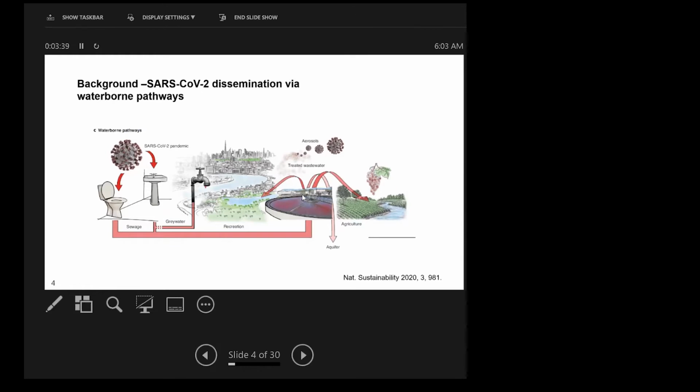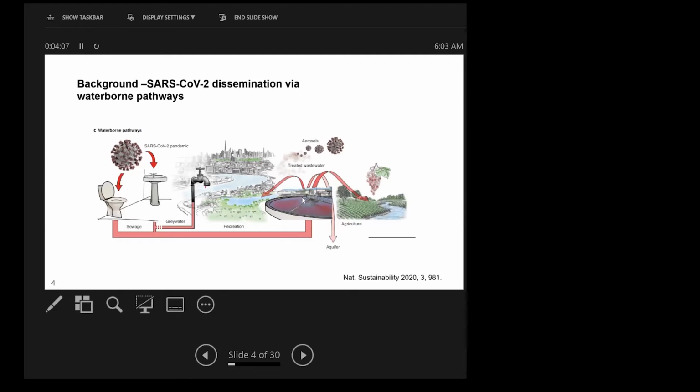Furthermore, the lack of fresh water can also cause reuse of the treated wastewater for many purposes, such as groundwater recharge, recreation, and irrigation of food crops. All these processes will create other potential routes for SARS-CoV-2 transmission.